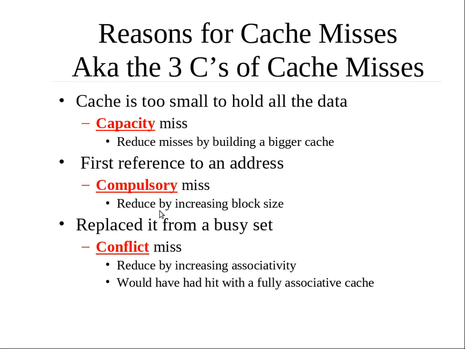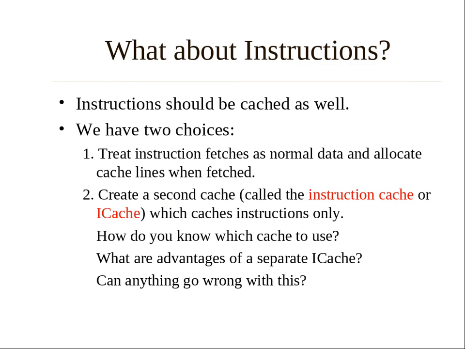Compulsory miss, block size: if you increase the block size too much, then you're going to start evicting data that you're going to need, and you'll stop capitalizing on spatial locality when temporal locality would be more advantageous. And a conflict miss: you can only increase your associativity so much before the laws of EE kick in, and it will slow down your cache because of the wide tag lookups that you must do.